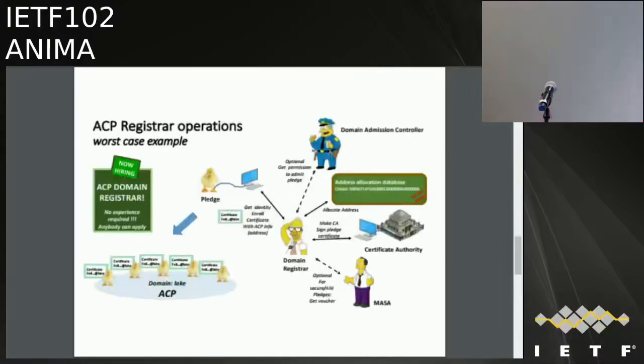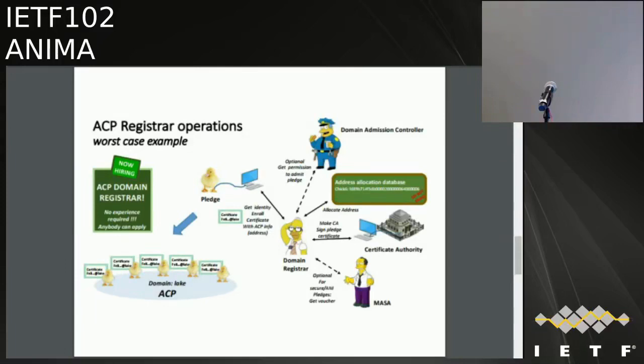And then, of course, also if the pledge is a secure pledge and doesn't let itself be configured without getting a voucher, well, you need to talk to your friendly MASA, right? And then finally, you can put the certificate on the pledge, and the pledge can go and live happily ever after in the ACP. Right? So that's basically the process.